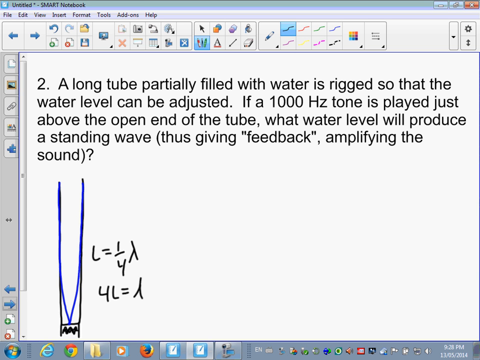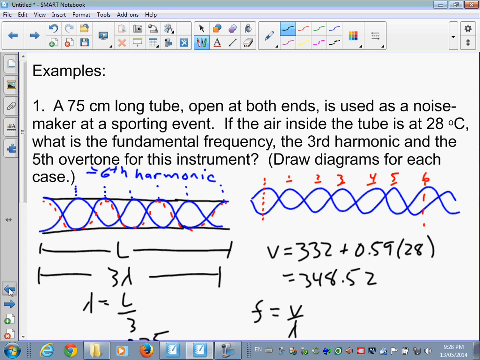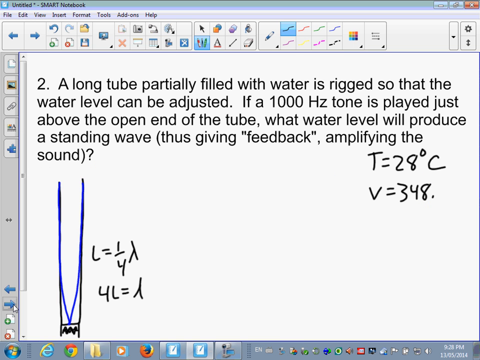Let's use, just for simplicity, the 28 degrees Celsius that we used in the last question, which gave a speed of 348.52 meters per second, notwithstanding our significant digit issues here.